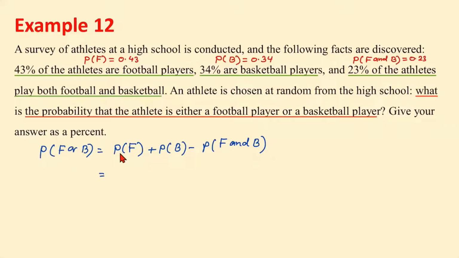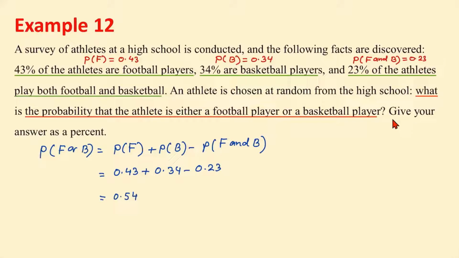Probability that an athlete is a football player is 0.43. Probability that they play basketball is 0.34. Then minus the probability that they play both football and basketball, 0.23. And if we simplify this one, that would be equal to 0.54.